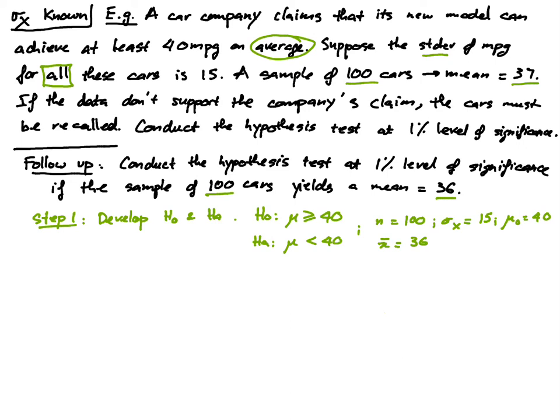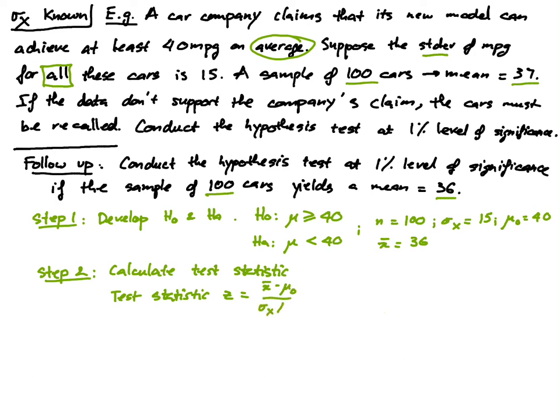So with that information, we calculate the test statistic. Our test statistic z is equal to x bar minus mu sub 0 divided by sigma x over the square root of n.